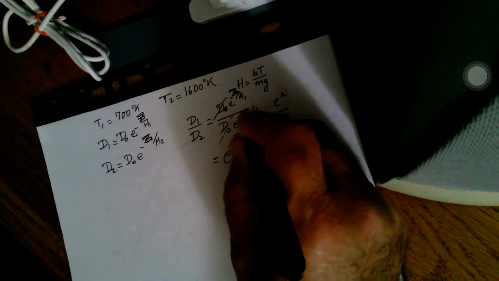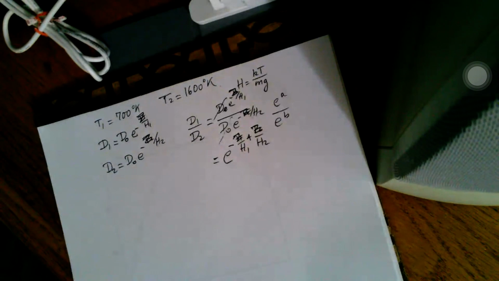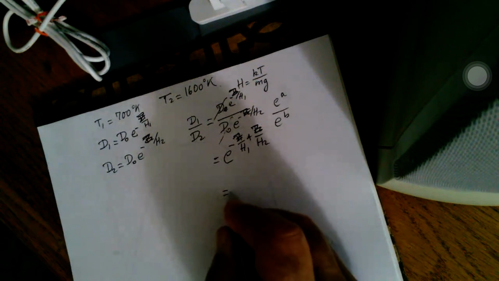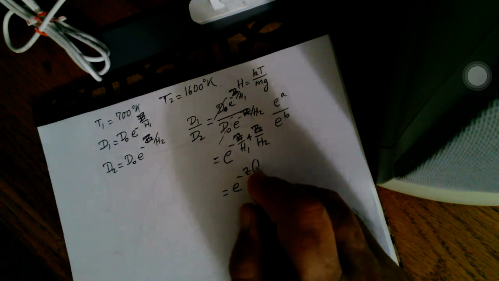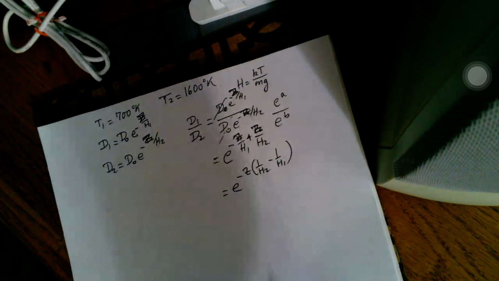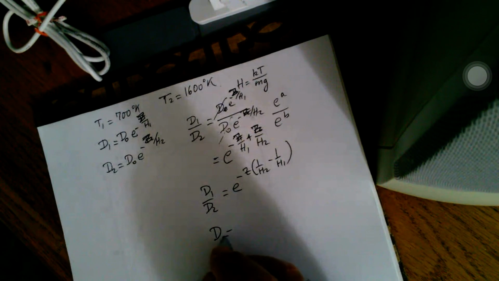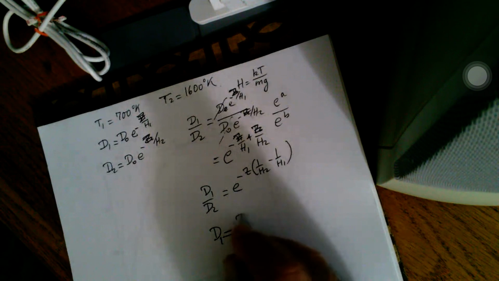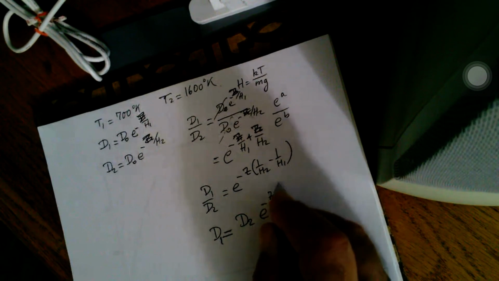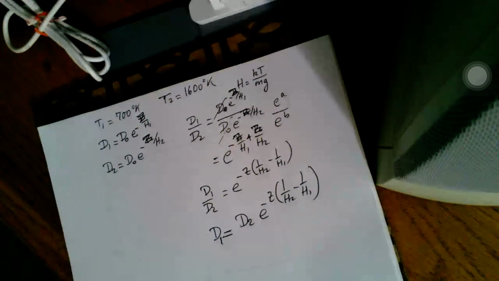The altitude does not change, so Z and Z again. I can then, if I want to, not that you have to, just put minus Z times 1 over H2 minus 1 over H1. I just factor Z. And that's D1 over D2. And so D1 equals D2 exponential minus Z times 1 over H2 minus 1 over H1. And that's it.